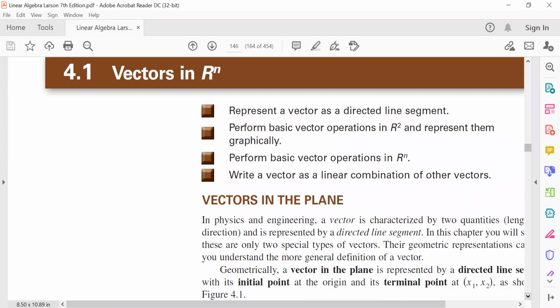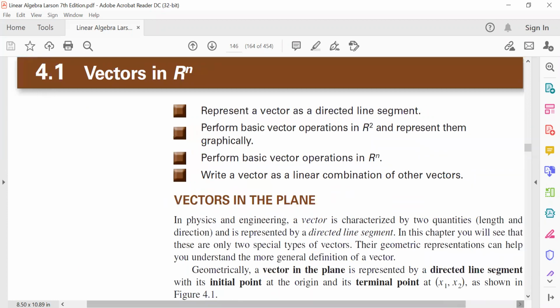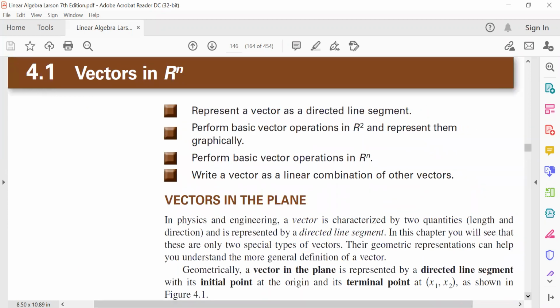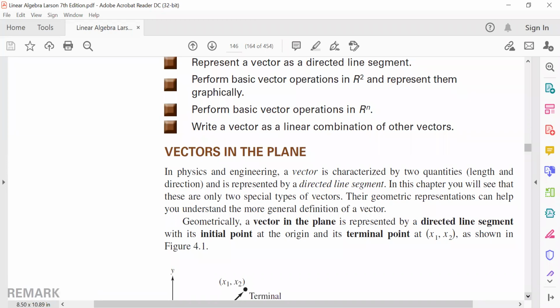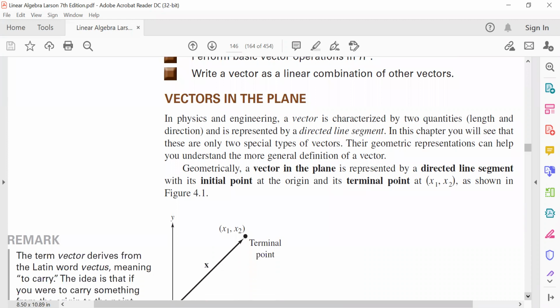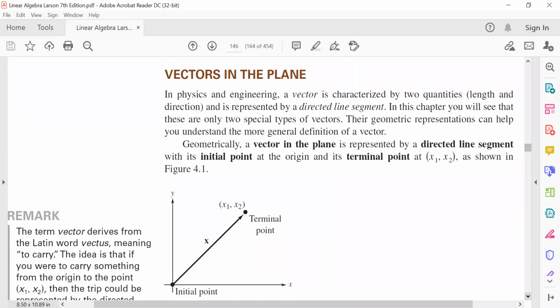So we often visualize vectors as not just a line segment, but a directed line segment, meaning a line segment that goes in a specific direction. Right now, we're just looking at vectors in the plane. But later we're going to see that mathematically vectors can be viewed a whole different way.